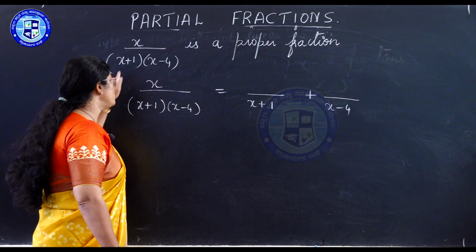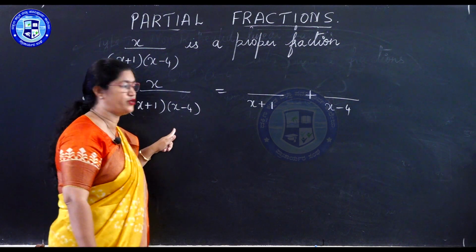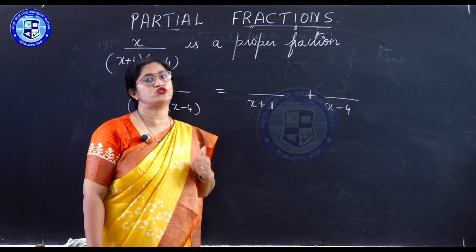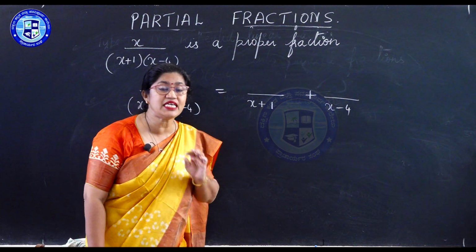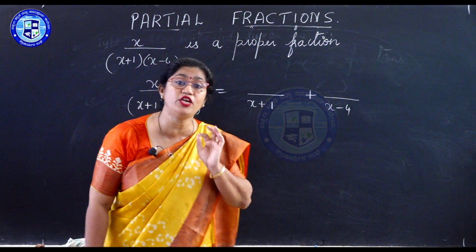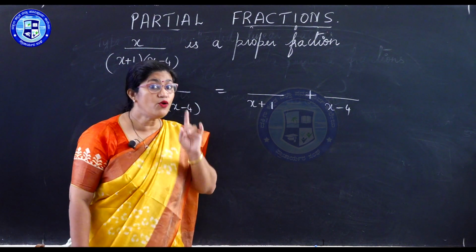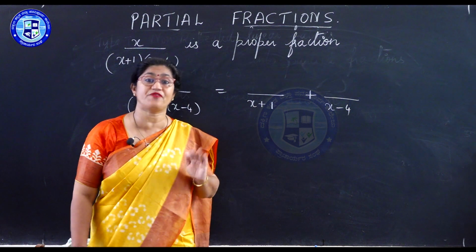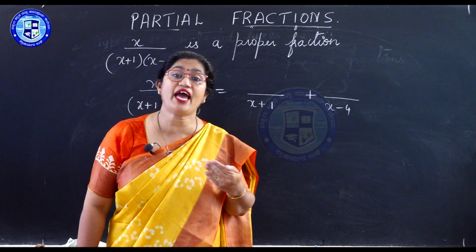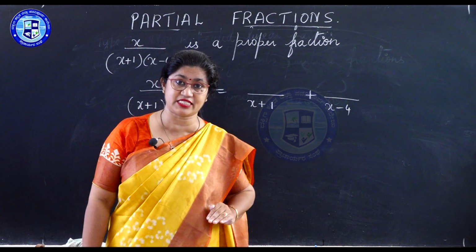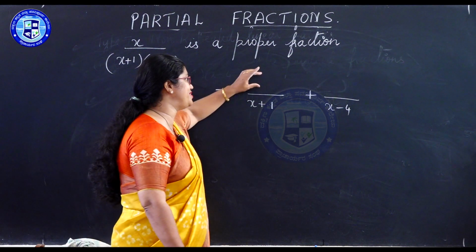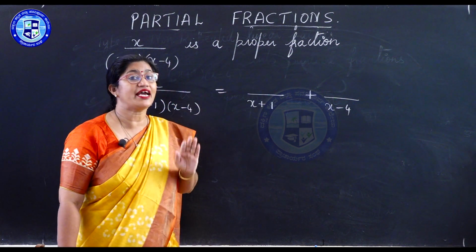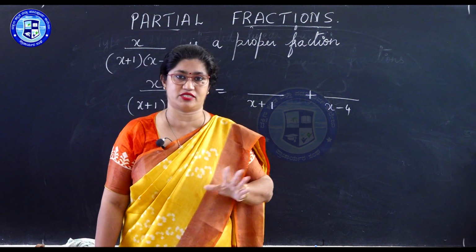Now this is equivalent to a sum of 2 fractions. What are those 2 fractions? So basically I need to know what will be the numerator. I know 100% that these two are proper fractions. If they have to be proper fractions, then the only possibility is I cannot have an x term in the numerator, I can only have a constant.